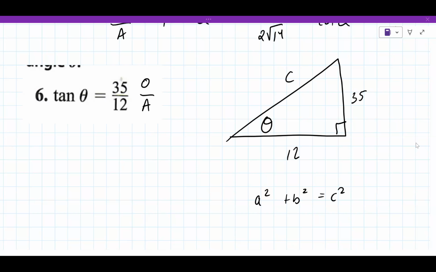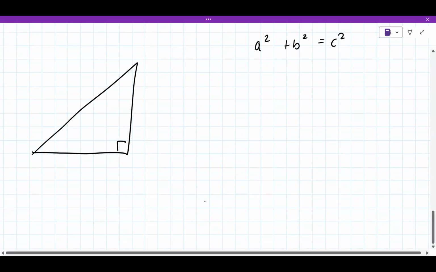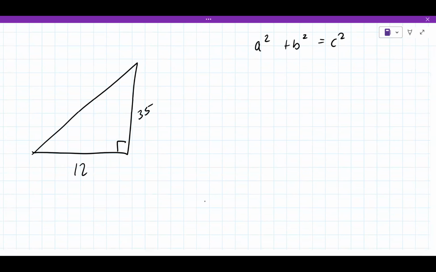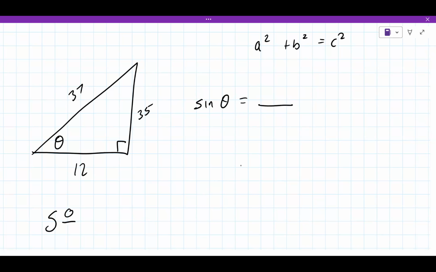Okay, now from here, I'm going to redraw the triangle. We have to find the other 5 functions. So we had 12, 35, and 37. Here's theta. What is the sine of theta? I don't even know what the sine of theta is. What have we been doing the whole time today? What's the mnemonic? So when I'm asking for the sine of theta, I'm not asking you for the angle.